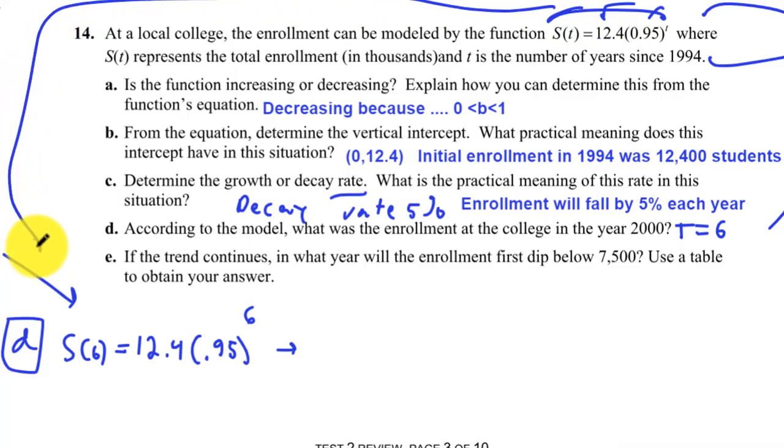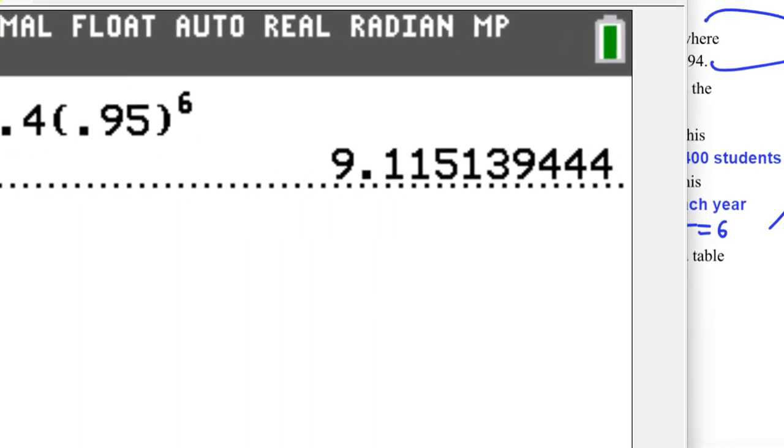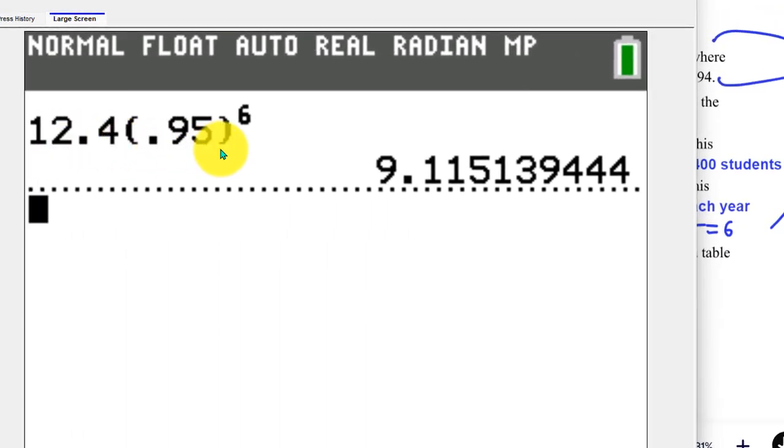I just rewrote it, but I substitute the value t equals 6. So when I plug that into my calculator, 12.4 times 0.95 raised to the 6, I get 9.11, okay? So let's call that 9.12, because we'll round to 2 decimal places.